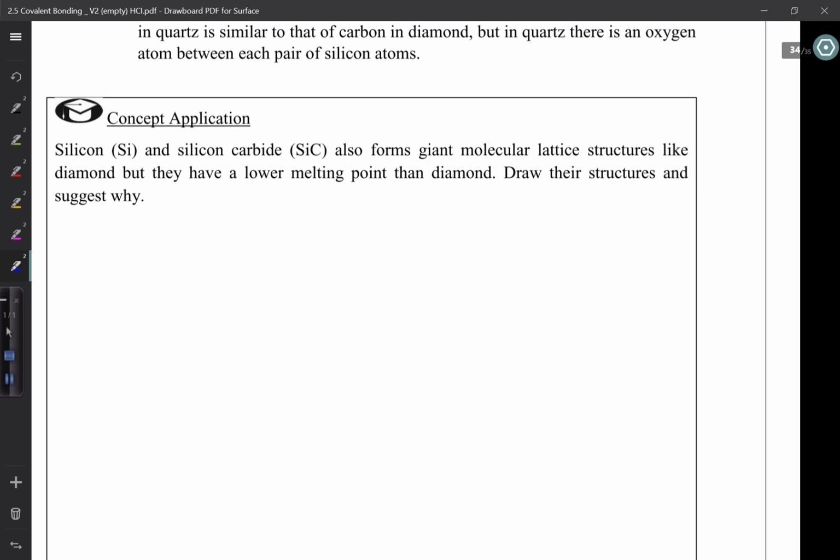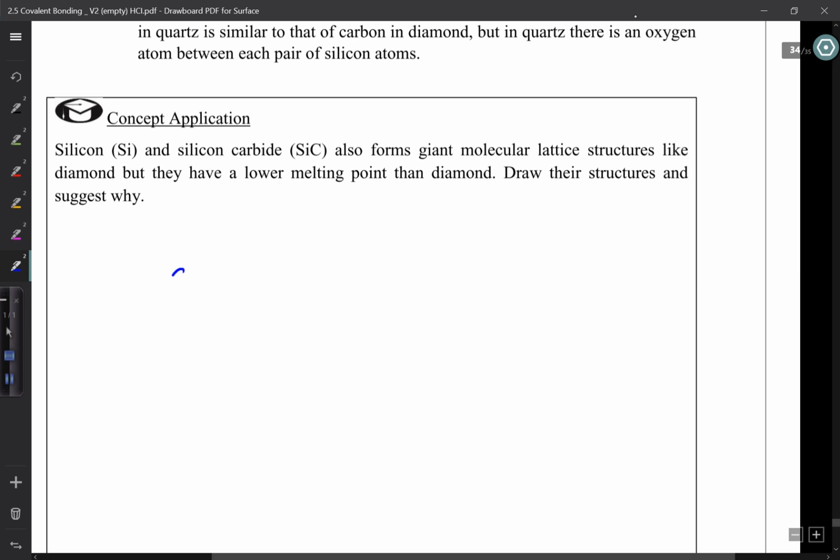If I tell you that they also form giant molecular lattice structures. So if you look at the periodic table, silicon is below carbon, right?